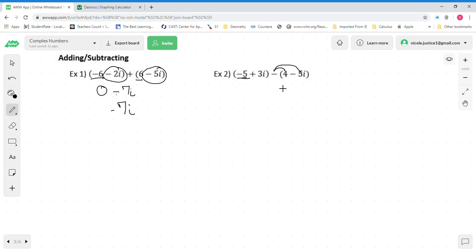So you have -5 minus 4. That's going to give us our -9. Then you have +3i minus -5i. So 3i minus a -5i changes to a positive. So you have 3i plus 5i, which is going to give us a +8i. So that's all there is to adding and subtracting. Just combine your like terms.